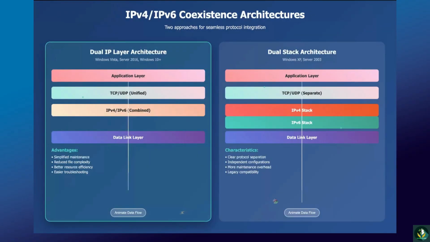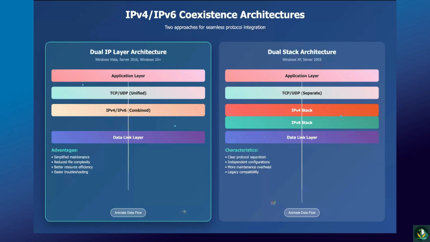Since many applications and devices still rely on IPv4, most organizations deploy a coexistence strategy rather than fully transitioning to IPv6. This allows IPv4-only and IPv6-only nodes to communicate seamlessly.